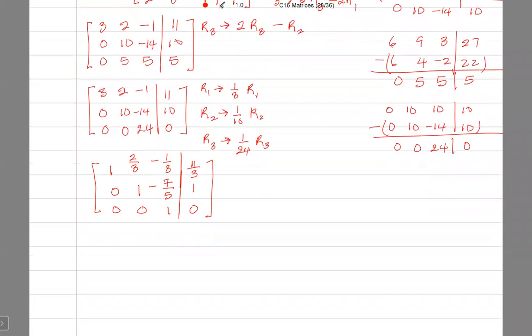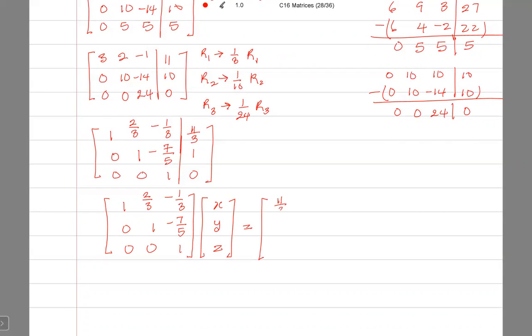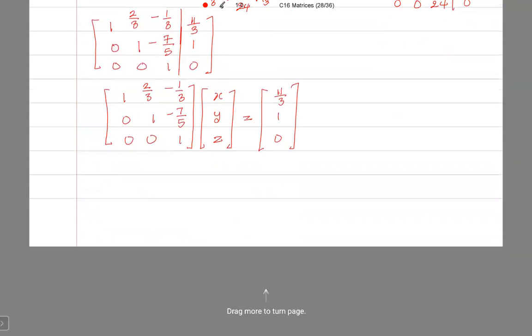All right, so we're going to move back from row echelon form to matrix form: 1, 2/3, minus 1/3, 0, 1, minus 7/5, 0, 0, 1 times x, y, z is equal to 11/3, 1, 0. So let's go back now to Cartesian form.